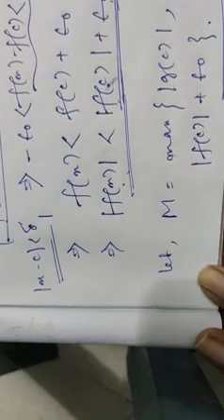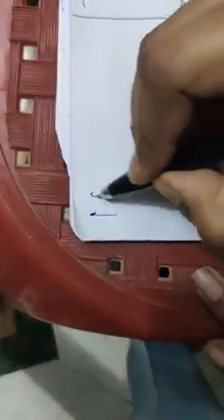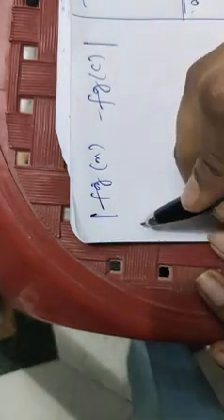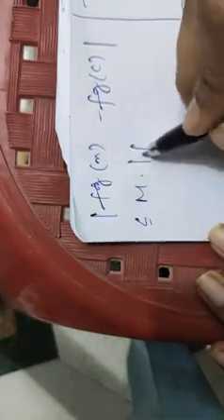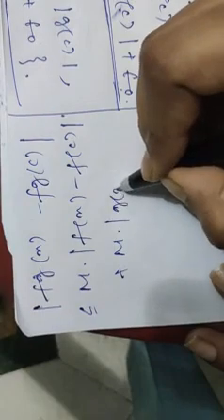Now using this capital M over this inequality, in the next line we will get mod fg(x) minus fg(c) less than or equal to capital M into mod f(x) minus f(c) plus capital M into mod g(x) minus g(c).